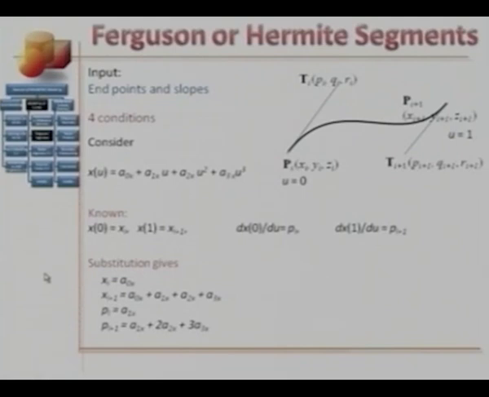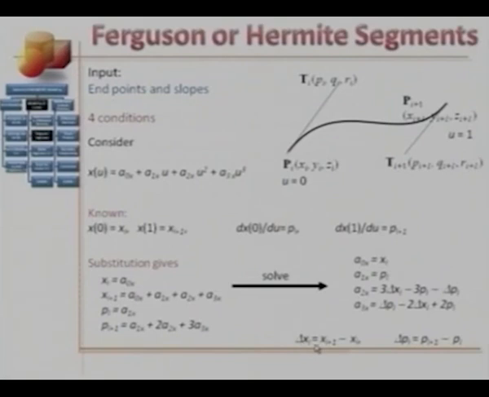I can solve these four equations and get the four coefficients. a0x equals xi, a1x equals pi, a2x equals 3 times delta xi minus 3 times pi minus delta pi, and a3x equals delta pi minus 2 times delta xi plus 2 times pi.